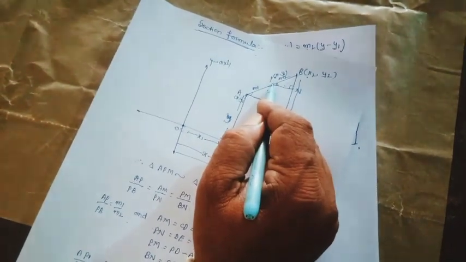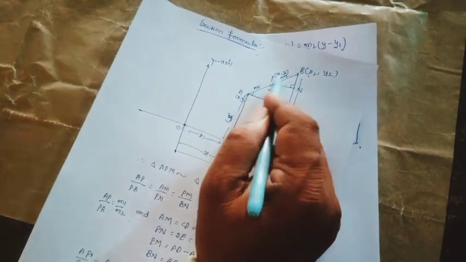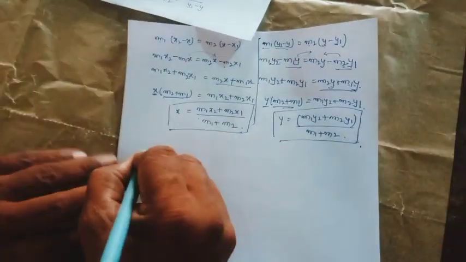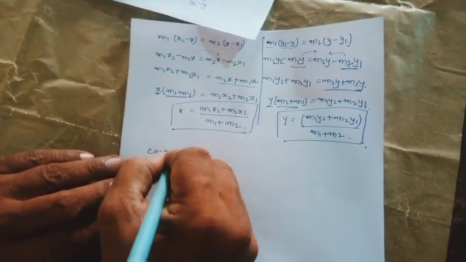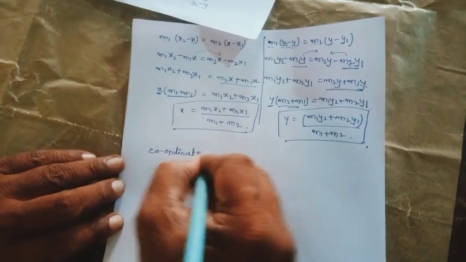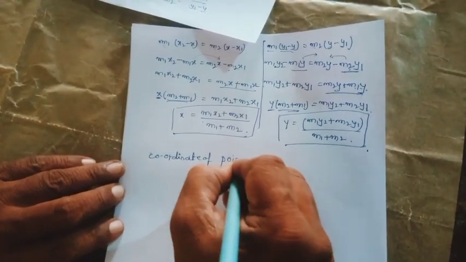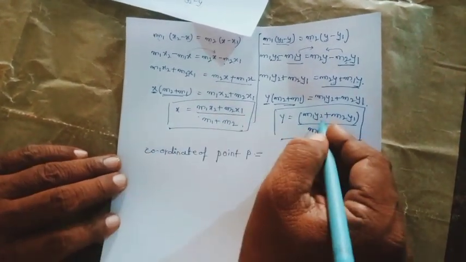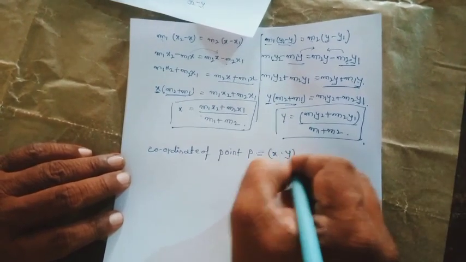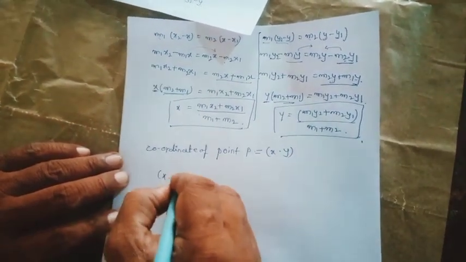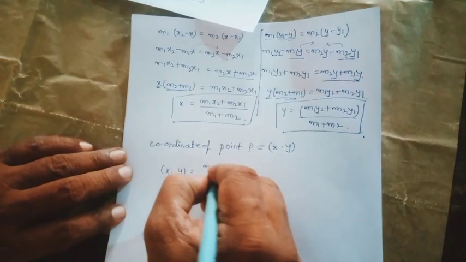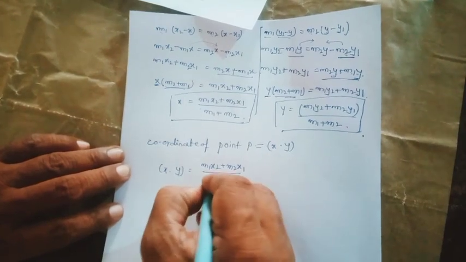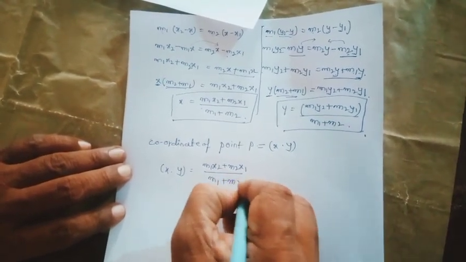This point is divided internally in the ratio of M is to N. Therefore, the coordinate of point P is equal to both the X coordinate and Y coordinate, X and Y. X and Y is equal to M1 X2 plus M2 X1 divided by M1 plus M2.